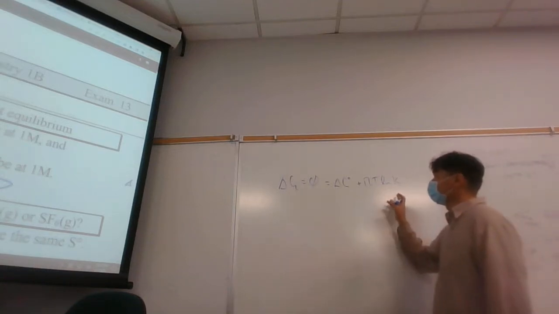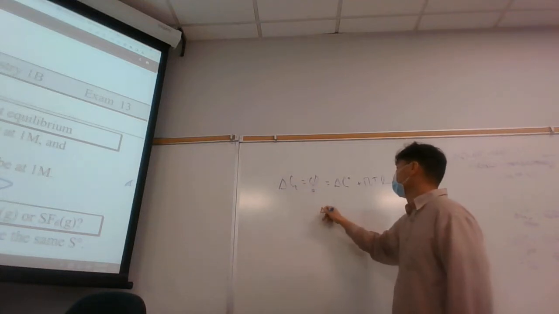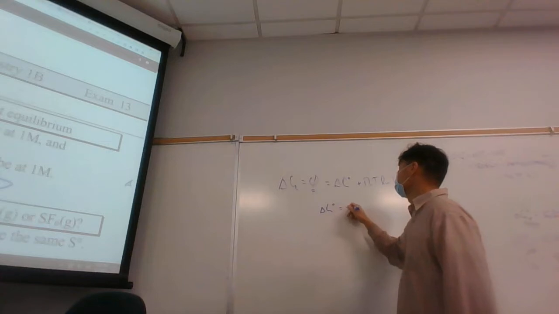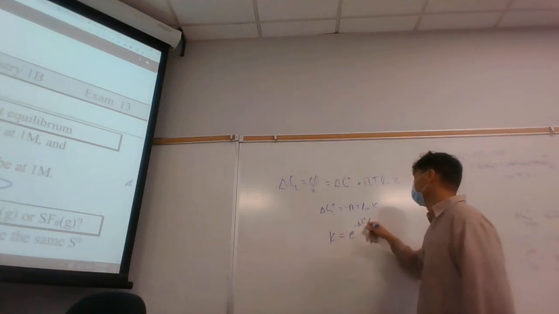If we were to solve this, if delta G under non-standard conditions is equal to 0, then this simplifies into delta G naught is equal to minus RT ln of K. And the K is equal to E to the minus delta G naught over RT.